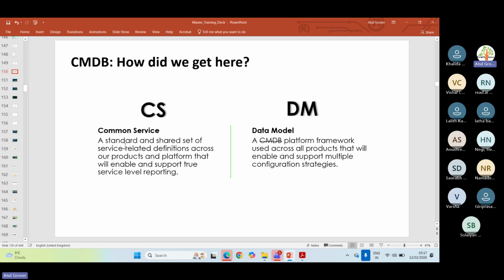Why does it use the word standard? Unless the definition of a concept is standard across the platform, it will not be helpful for me.